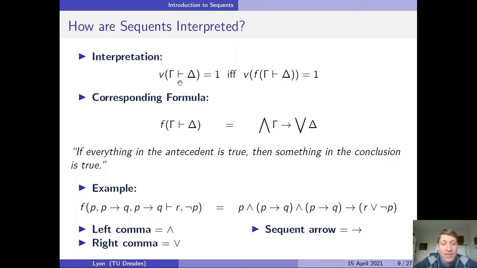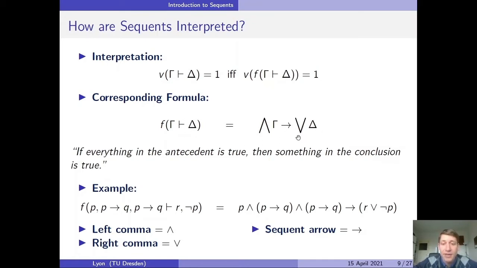So we have that a sequent, gamma turnstile delta, is true, is assigned 1 in the interpretation V, if and only if the formula f of gamma turnstile delta is assigned 1 in V. Well, what is the formula of a sequent, or the corresponding formula? It's obtained by this equation shown in the middle of the slide. What you do is you take a conjunction of everything in gamma, you transform the turnstile into an implication, and you take a disjunction of everything in delta.